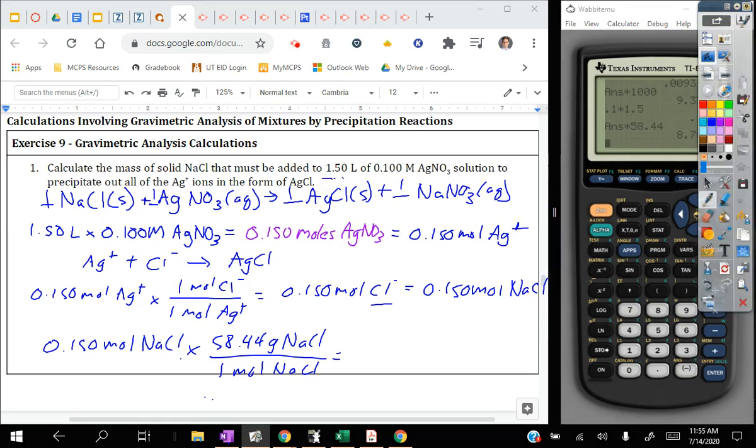We had 3 significant figures with our liters and 3 significant figures with our molarity. So we are at 3 significant figures for our final answer. So 8.77 grams of NaCl is needed to precipitate out all of our solid. And that is at 3 significant figures.